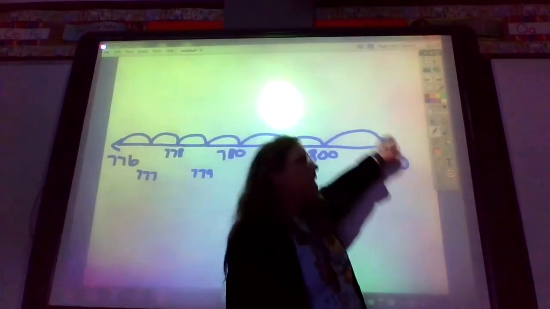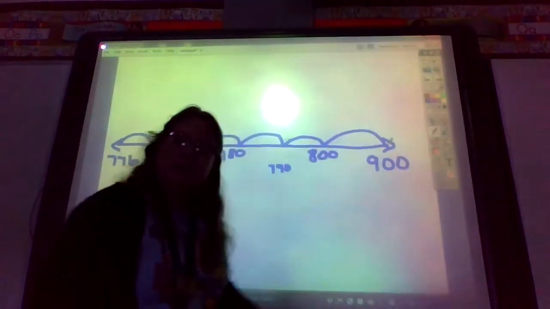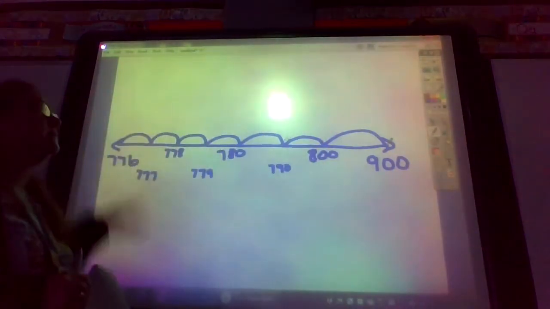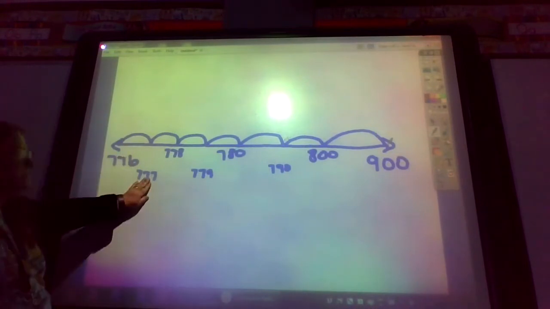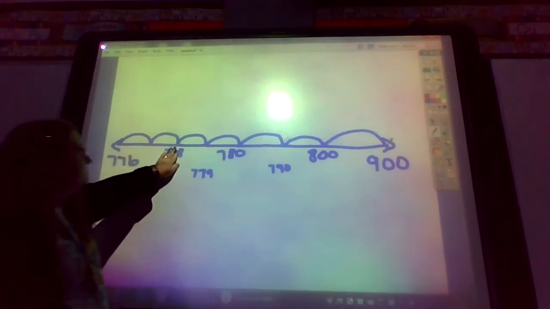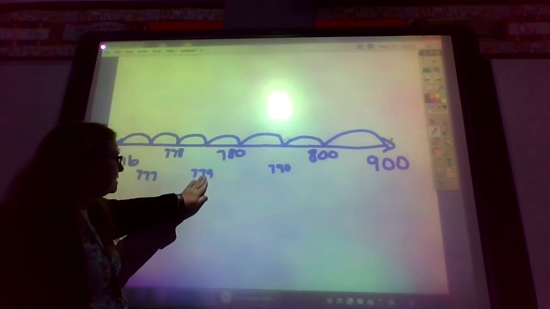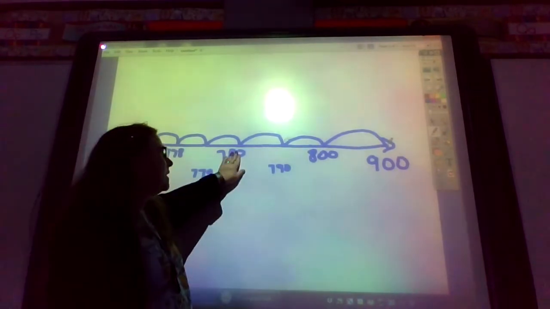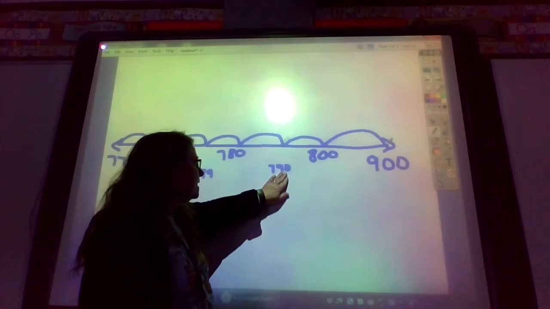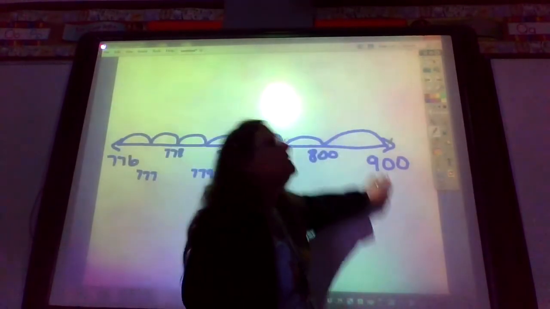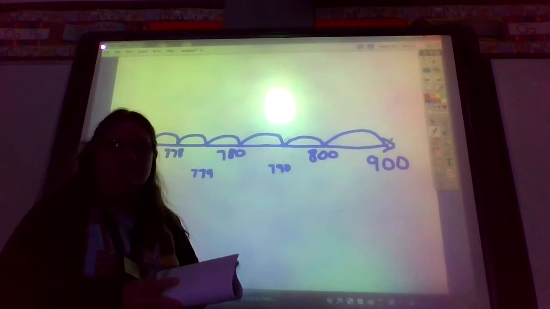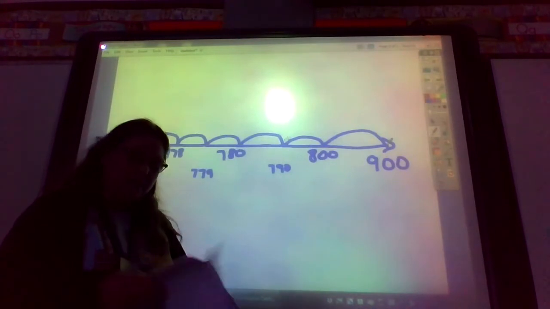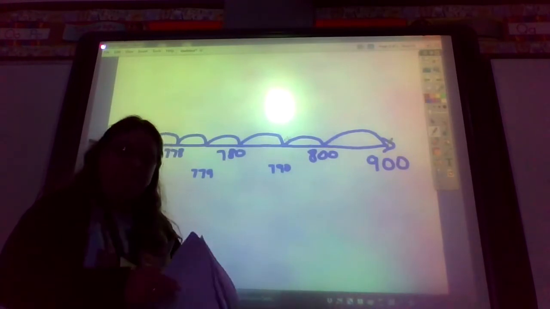My hundreds hop is even bigger. I did it on a number line instead of just writing my numbers out. 776, 777, 778, 779, 780, 790, 800, 900. I just put it on a number line. I hopped along my number line.